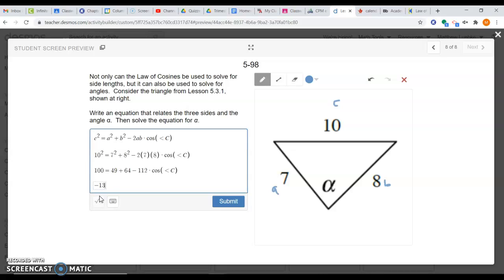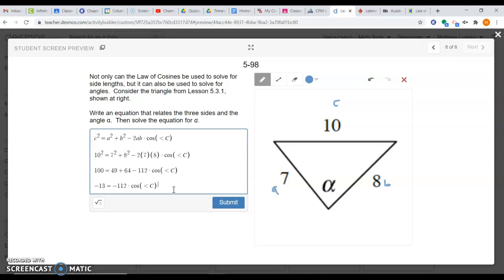Negative 13 equals negative 112 times the cosine of angle capital C. Now here, because this is attached through multiplication, I'm going to divide both sides by negative 112.